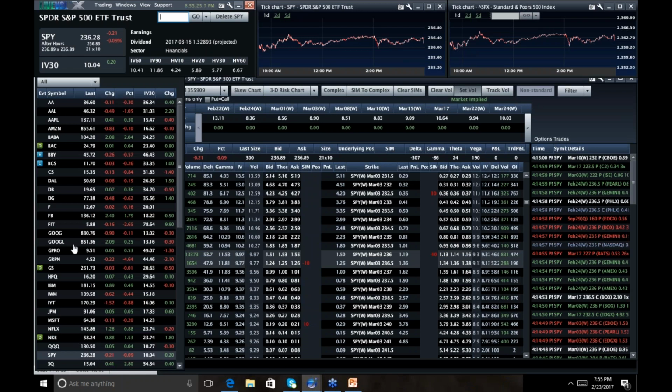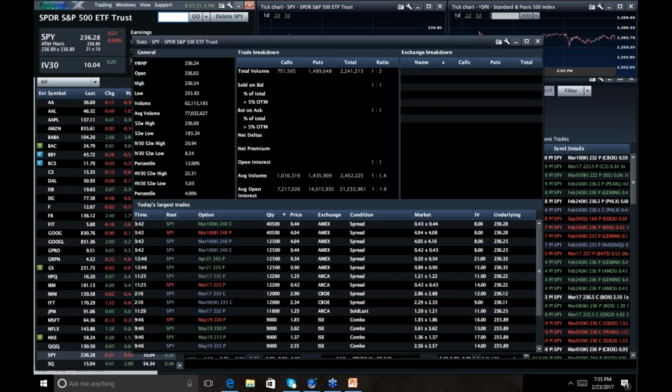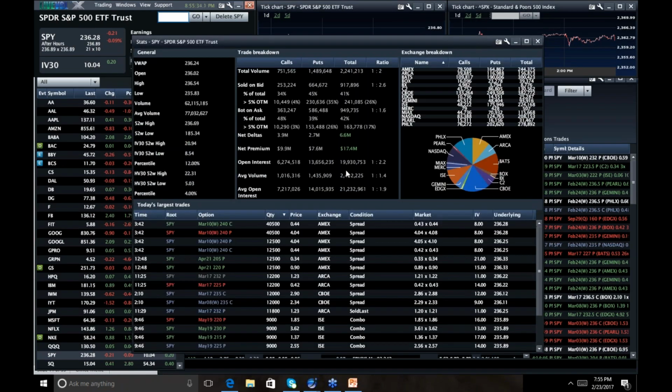So here's SPY, and let me show you its stats. It has an average open interest of 20 million contracts and trades 2 million, 2.5 million contracts a day.